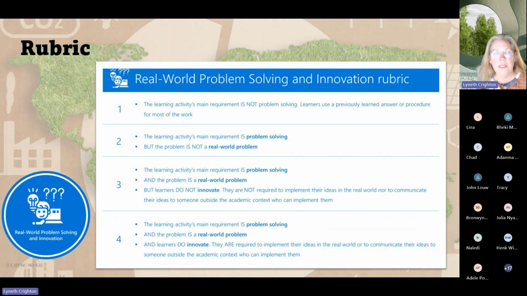Level 2 is problem solving but not real world. Level 3 is problem solving and real world, but there's no innovation. And the last, level 4, and as you can see, this is a 4-level rubric, is that they require innovation.